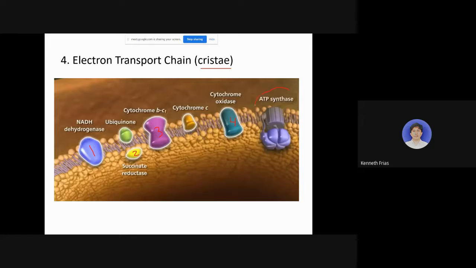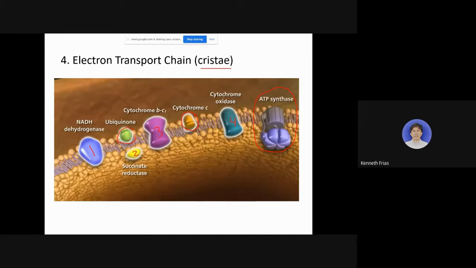And this fifth one is the ATP synthase. You're familiar with the ATP synthase. It is capable of producing ATP when it turns like a turbine. Now, these structures here, the ubiquinone and the cytochrome C, are electron transporters. They are capable of fetching electrons from one protein complex to the next. So that's what you need to remember.